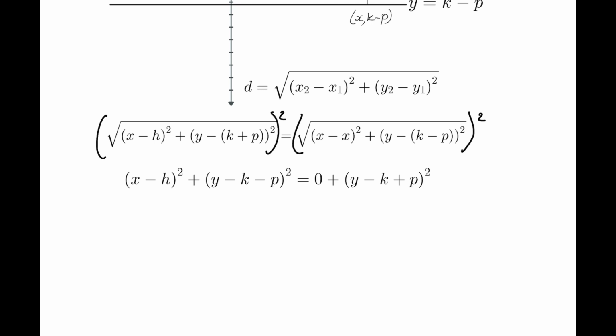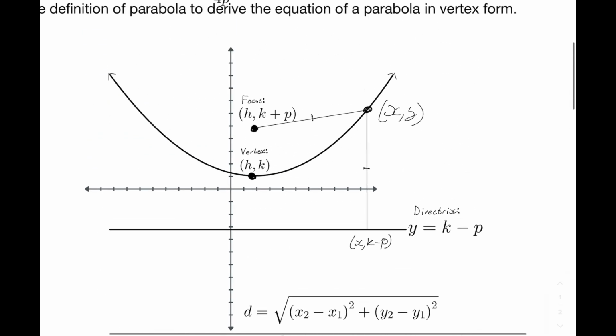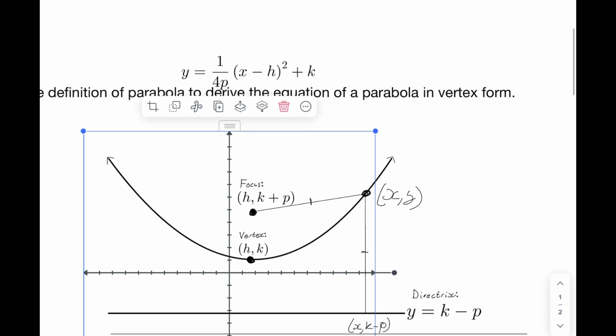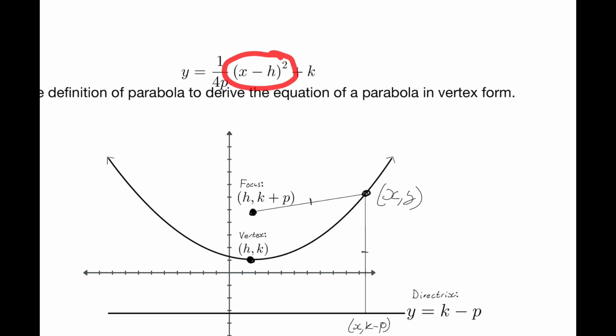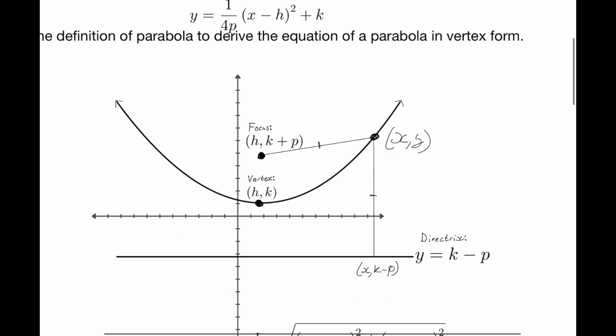So of course, 0 disappears entirely. We won't include that in the next line, it's not necessary. We can leave (x minus h) squared in that form because we know we want to get that when we look back here. (X minus h) squared is one of the things we're looking for.